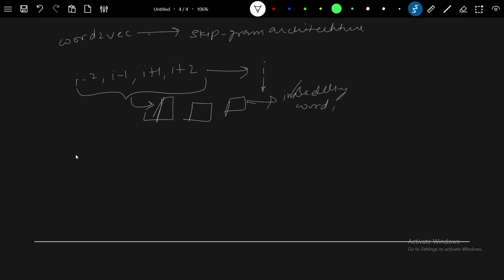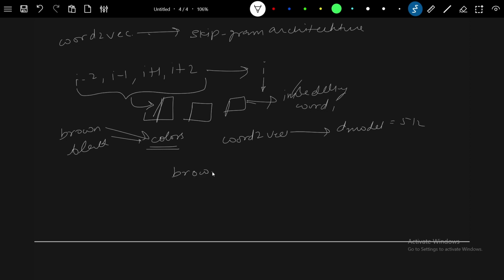Okay, so let us say that we have two words. Let us say it's brown and black. These two words are colors, right? So we want the embeddings to also be similar. If we use the skip-gram architecture of word2vec to generate the embedding, the generated embedding is of dimension d_model, which is 512.